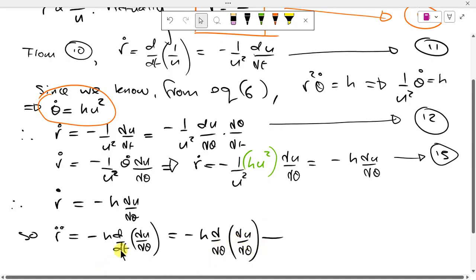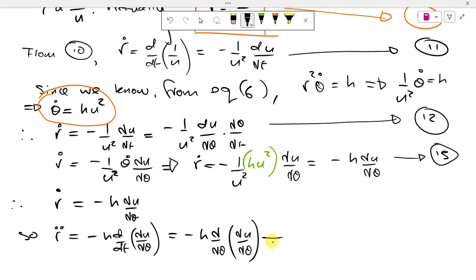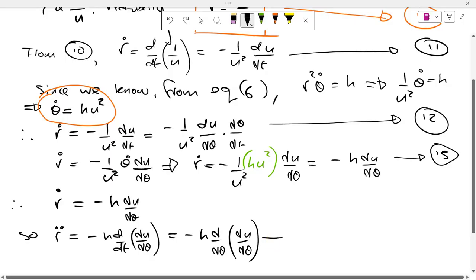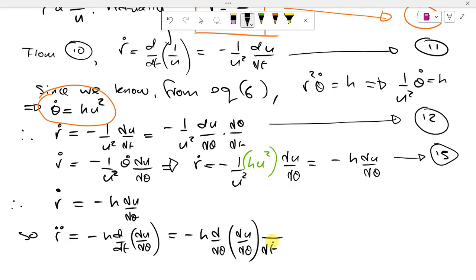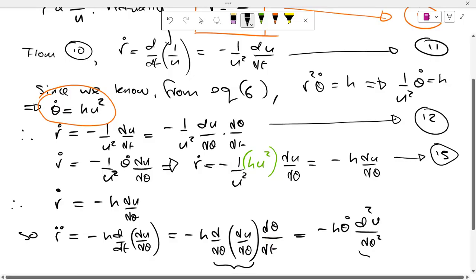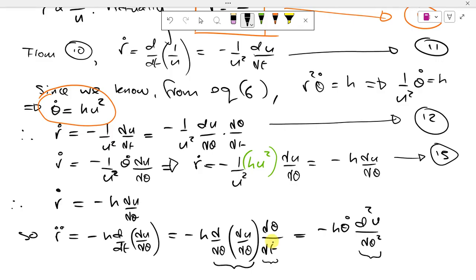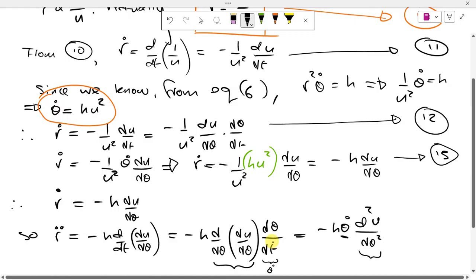And so if we introduce a d theta down here, we have to move the dt, dt, and then a d theta up there, which is the same as minus h theta dot d squared u by d theta squared. So you see that bit there is this bit here, d squared u by d theta squared, and this is our theta dot, which is here.